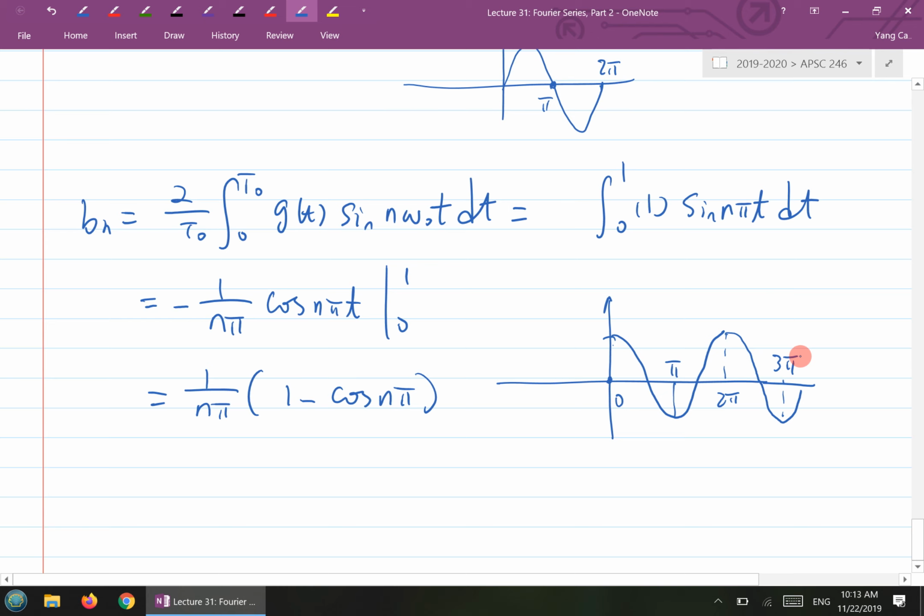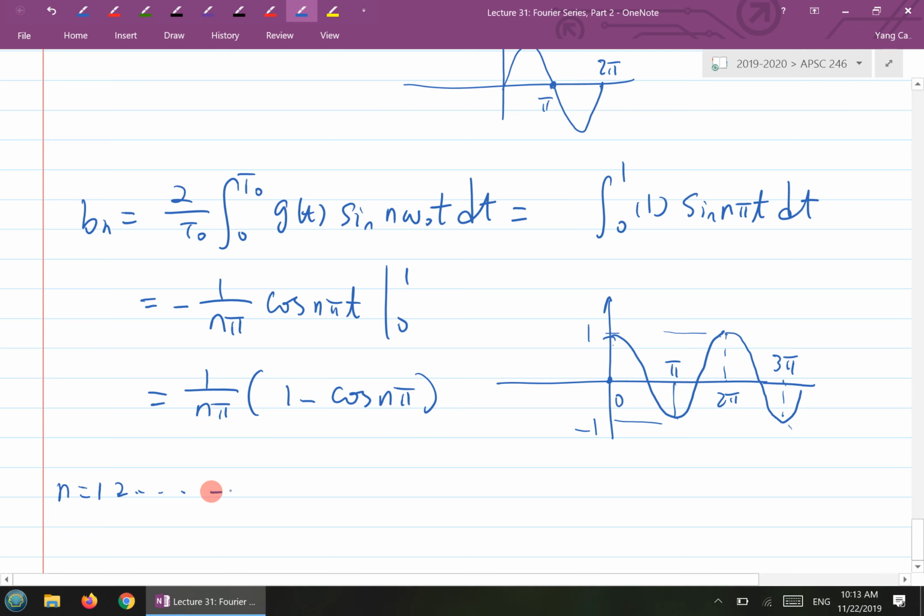Okay. So if you look at this, this n here starts from 1, right? Up to 2, up to infinity. So when n is 1, what's the value? Negative 1. When n is 2, 1. When n is 3, negative 1. So cosine n pi alternates between negative 1 and 1.